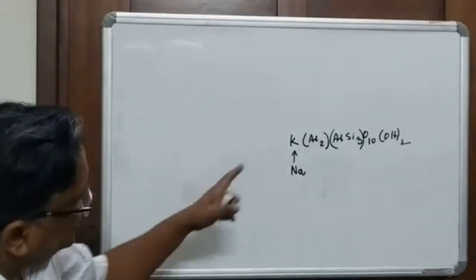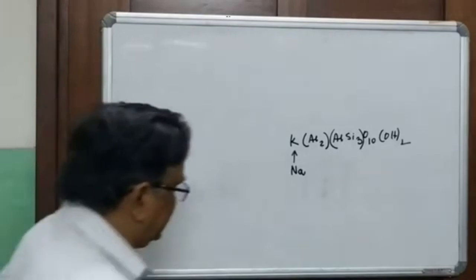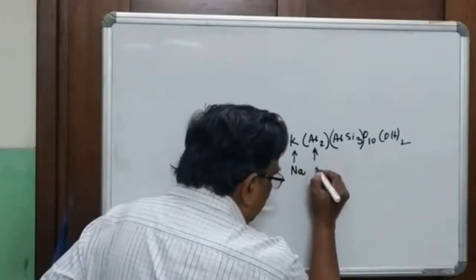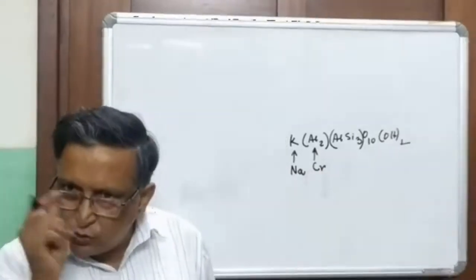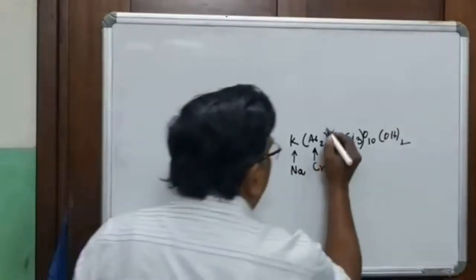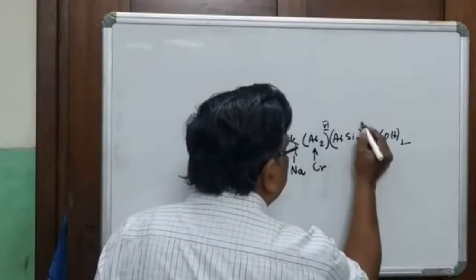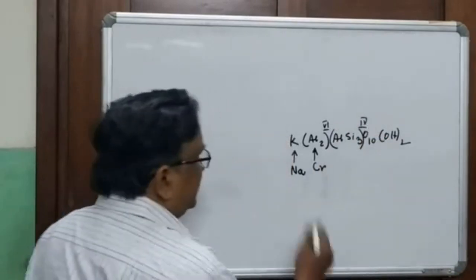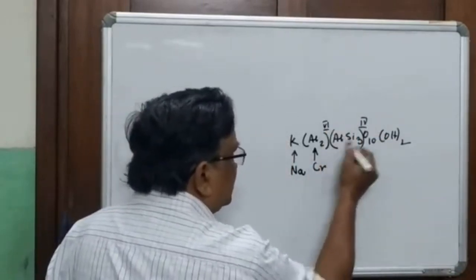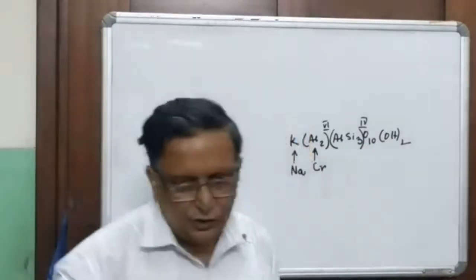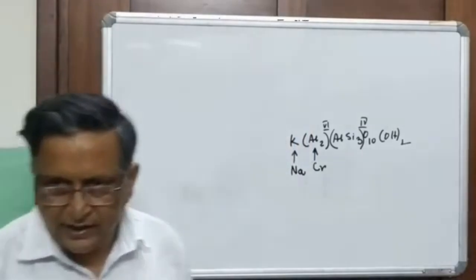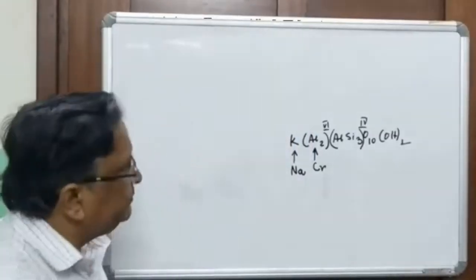So say, for example, sodium is an addition. Then assume chromium is another element that goes with aluminium, in that octahedral site. This is the octahedral site. This is the tetrahedral site. There are 2 octahedral sites and 3 tetrahedral sites, apart from potassium and sodium, which go into the larger ninefold coordination.